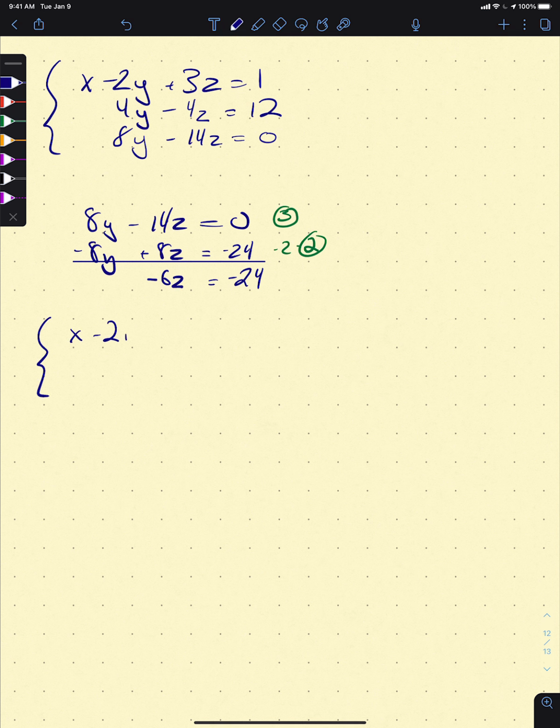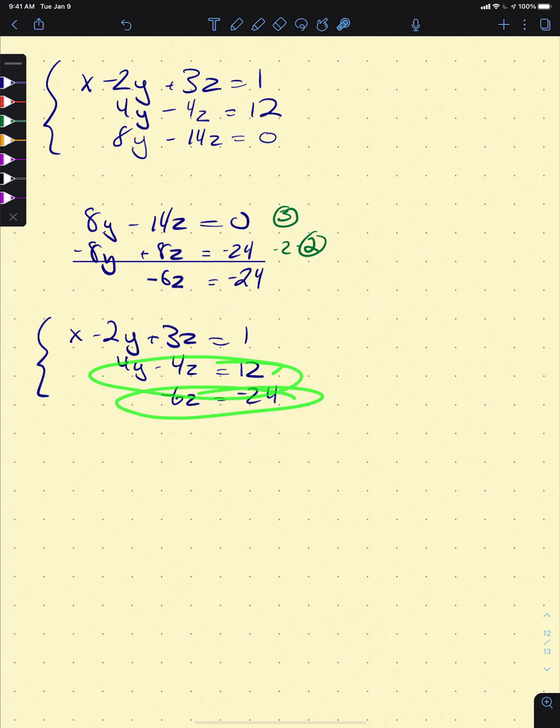We still have our first one, equals 1. We have 4y minus 4z equals 12. We have minus 6z equals minus 24. Okay, but I want to make one change to this. And that one change is that I want to multiply each of these rows by a constant. The reason I want to do that is I want to get rid of these leading coefficients.